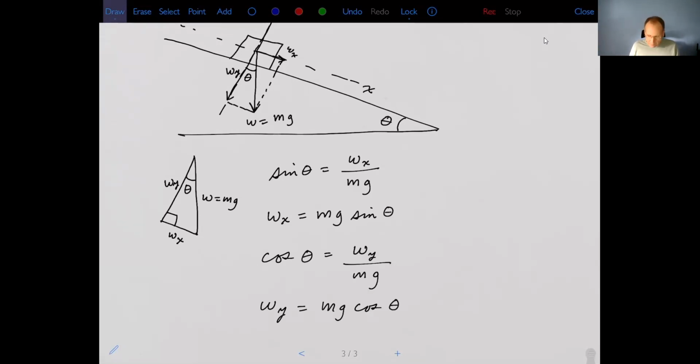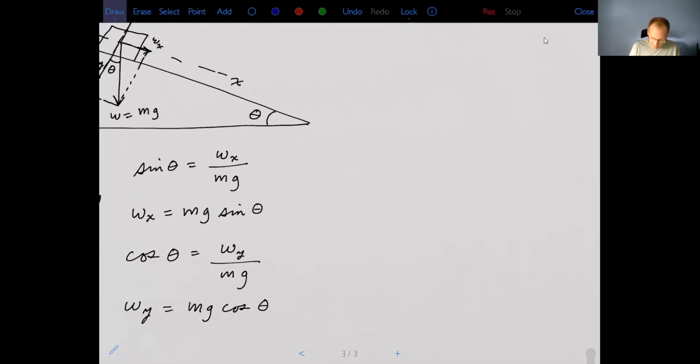Okay, now if we apply Newton's second law in both directions, let me do the y first. That's the one we don't care about too much, but I'll do that first. So the sum of the forces in the y has got to equal ma(y). I have tension, I have normal force, and I have the weight.